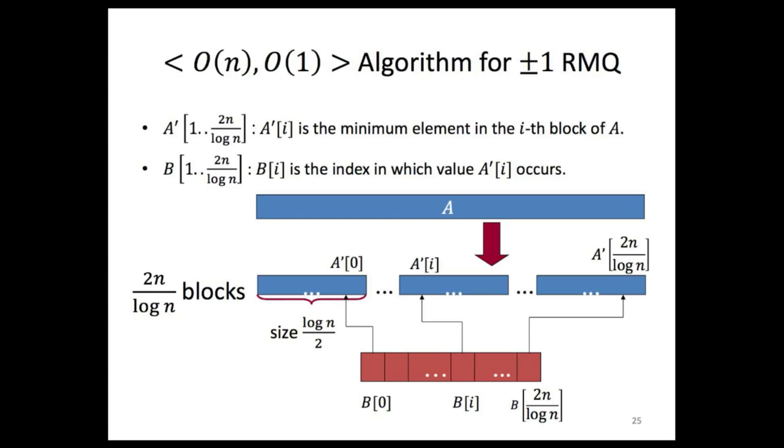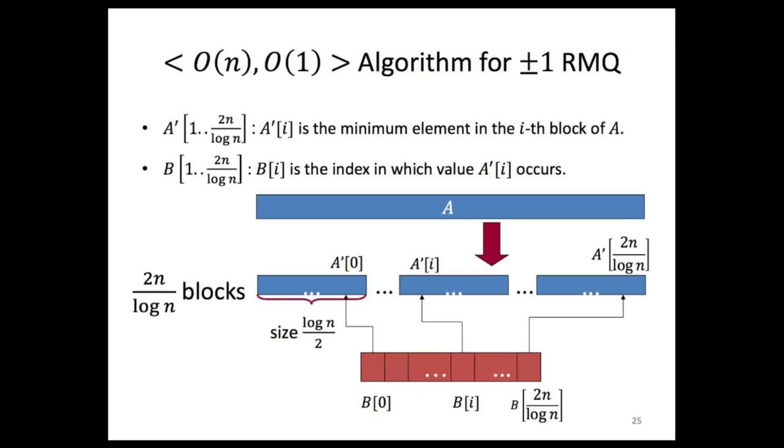Then you know the minimum of each of these blocks, and you construct another array, B, wherein each of the values gives you the place where the minimum that you computed for A prime, for each of the n by log n by 2 size blocks, and that gives you a reference up.